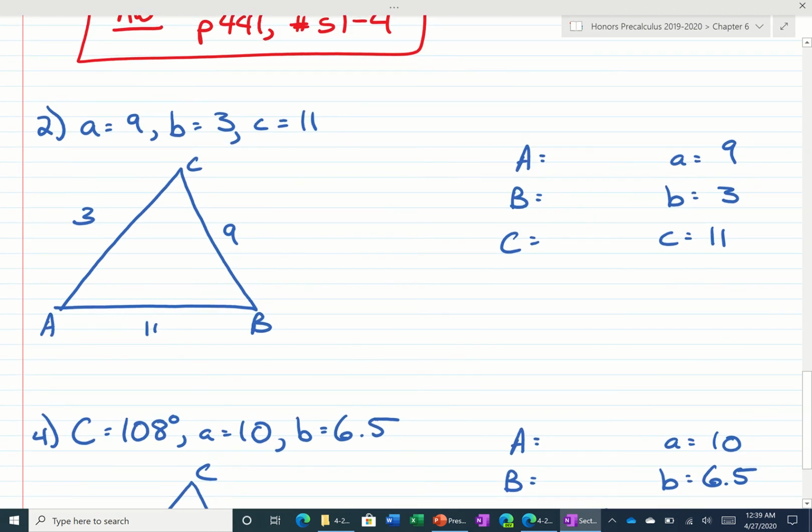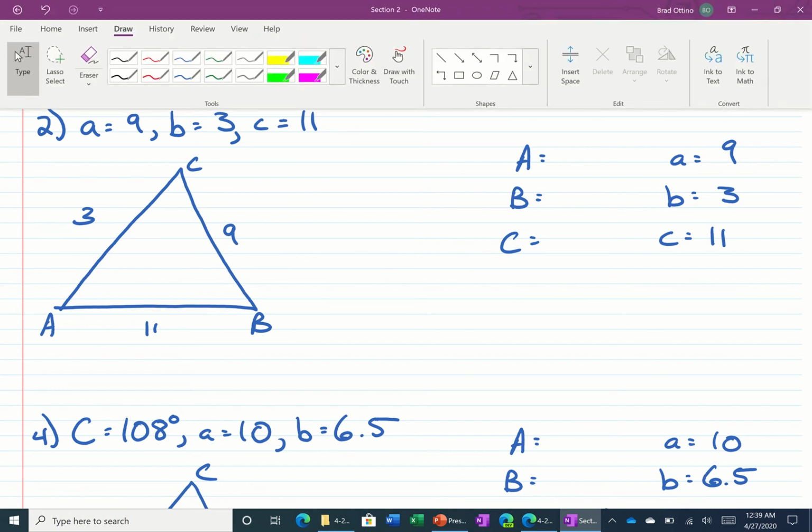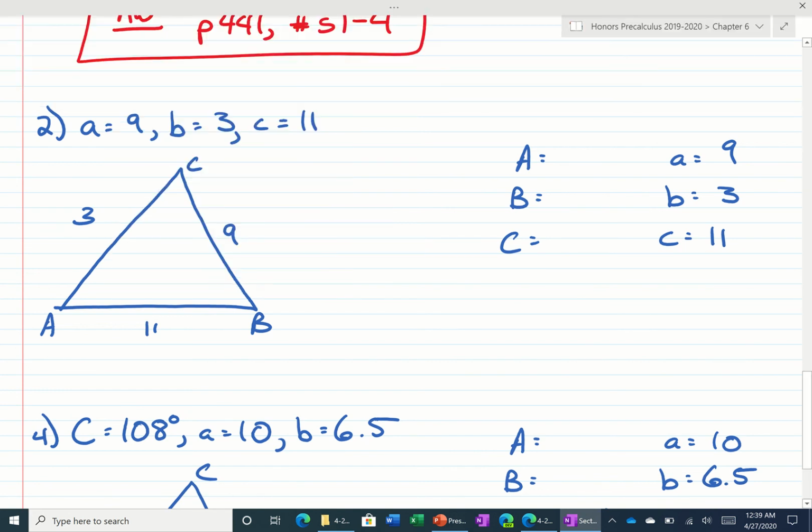Alright, so now let's take a look at this first one. We said with law of cosines it's important to always find the largest angle or the largest side first.